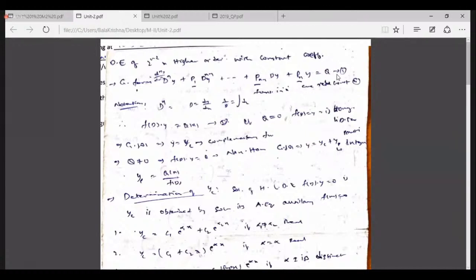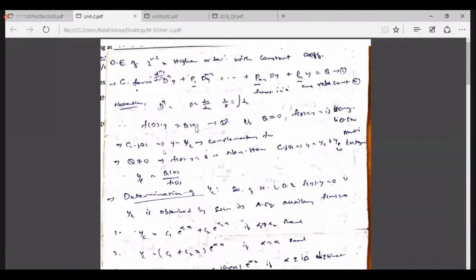That equation should be expressed in the form of f of D into y is equal to Q of x. You should replace dy by dx with capital D, d square y by dx square with capital D square, d cube y by dx cube as D cube, and so on. So always we should express the given equation in the form of f of D into y is equal to Q of x.